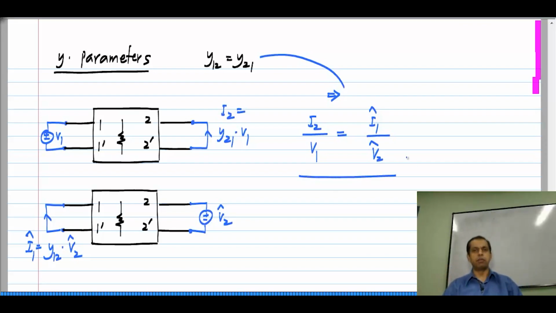The reason I am pointing this out is different two-port parameters have different implications in terms of exactly what you are measuring, and in different circumstances you will have ratios of voltages or currents or voltages across open circuits and currents through short circuits and so on. So, you should be able to use reciprocity for all those situations.